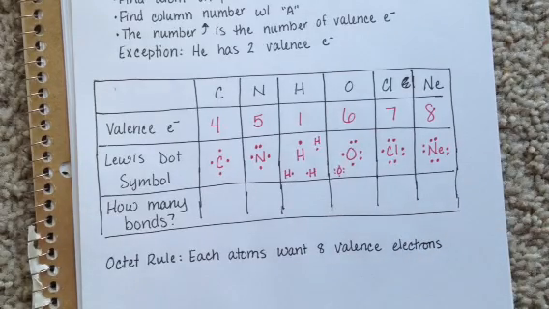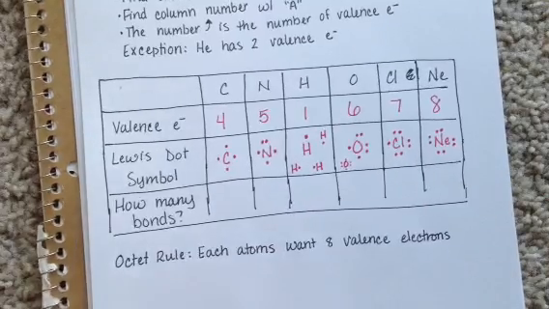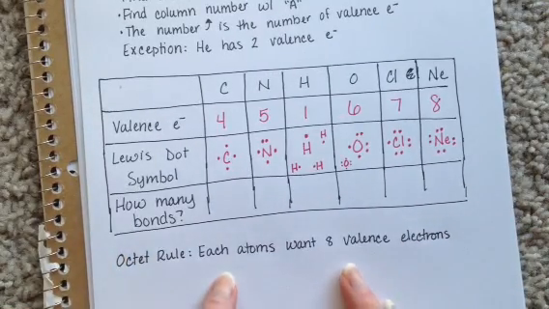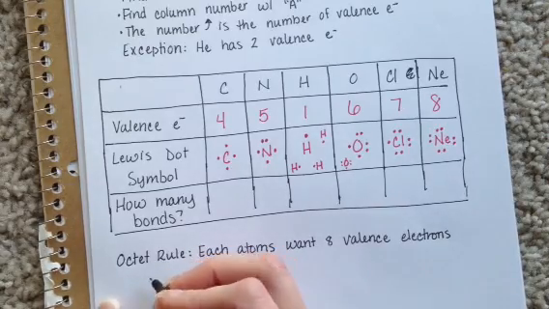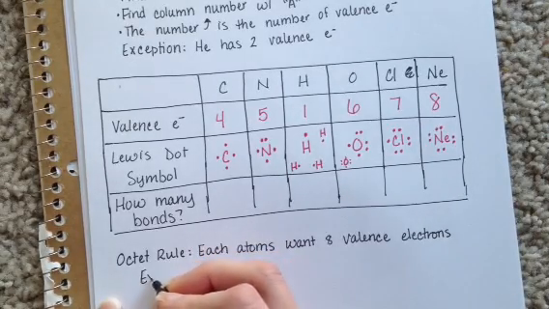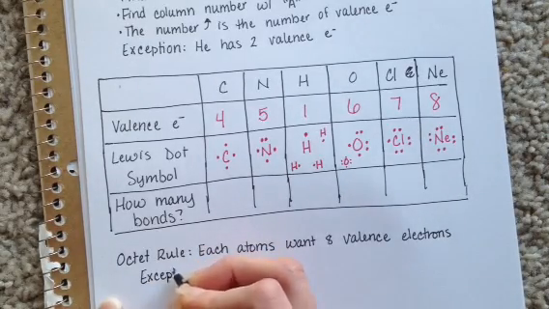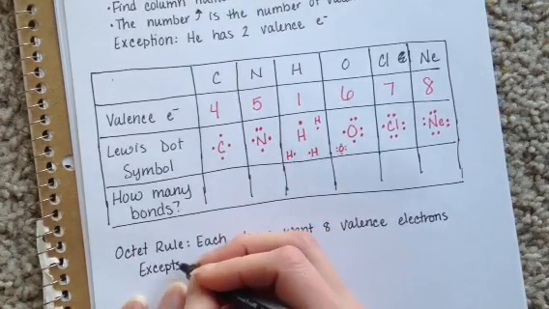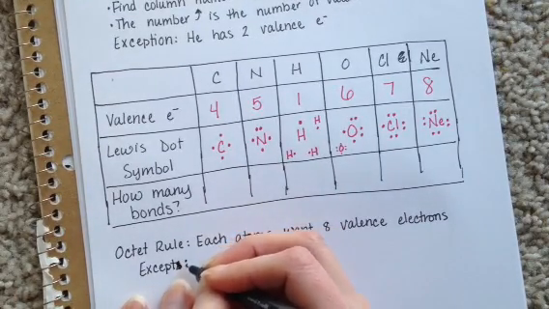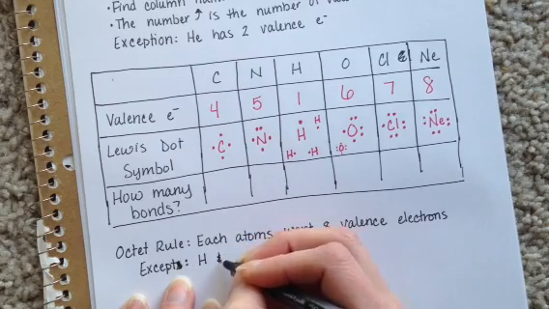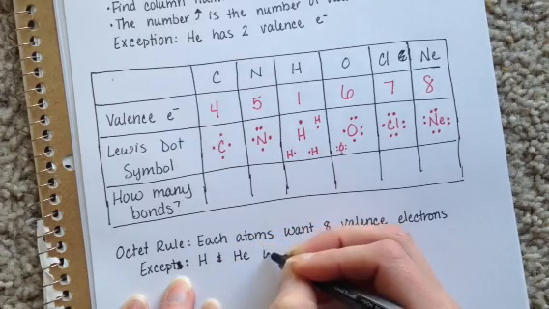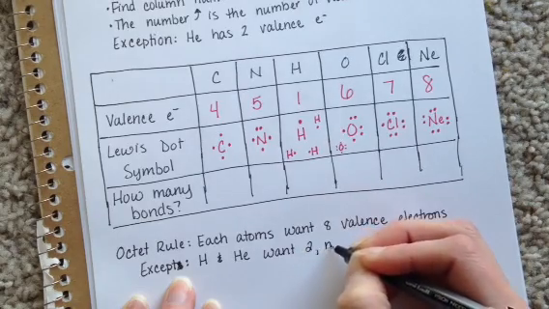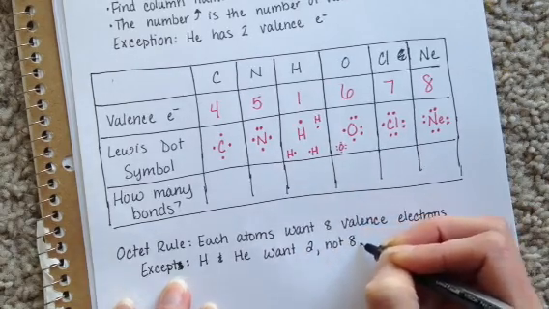So atoms are going to bond or share electrons with other atoms in order to get themselves up to 8 electrons. There are 2 exceptions to this rule. Well, actually, there are quite a few exceptions to this rule, but in our particular class, there's just 2 exceptions. Hydrogen and helium, they want 2 instead of 8 because they're little. They don't have room for 8.